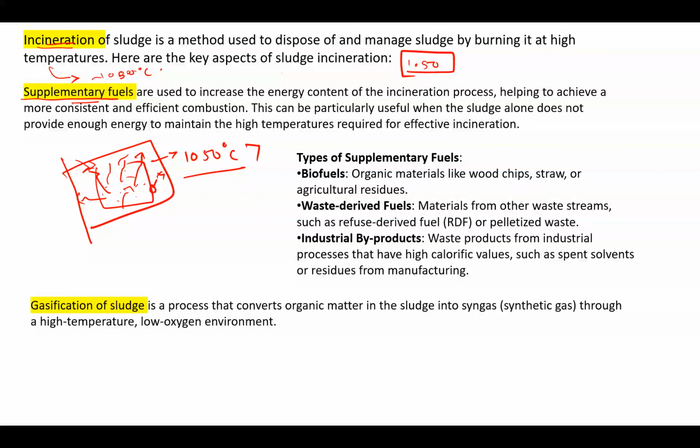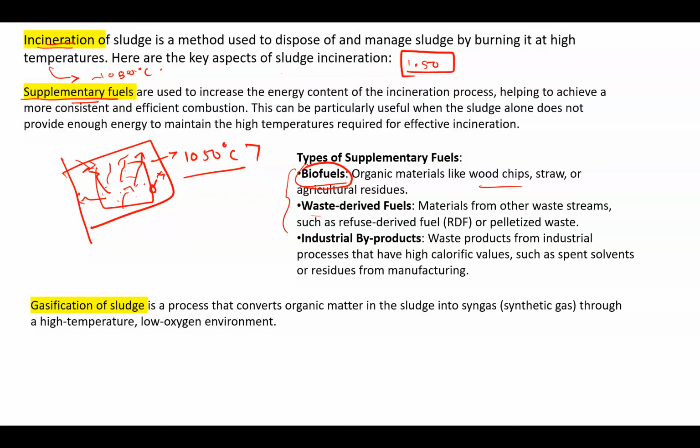If we apply some supplementary fuels, like some biofuels, waste derived fuels, or industrial byproducts, so if we apply reusable fuels, here the biofuel means it is more environment friendly. You know, some wood chips, straw, or agriculture waste.